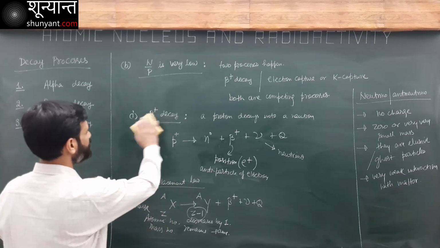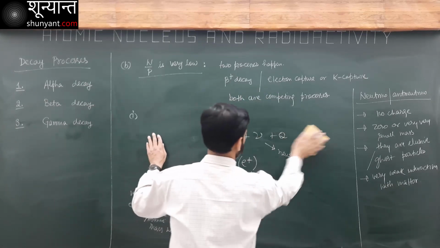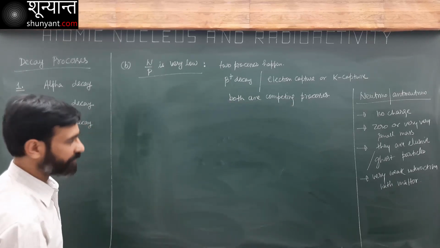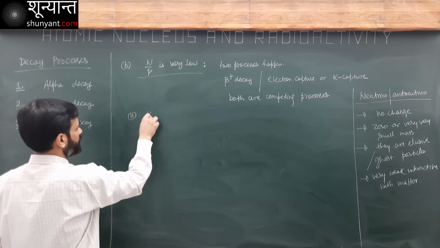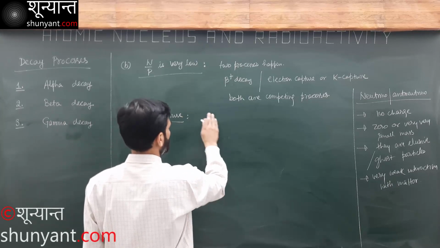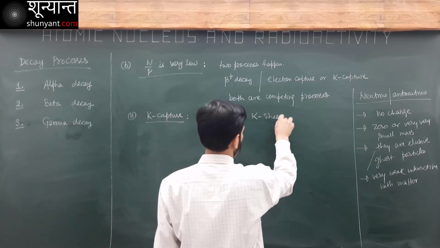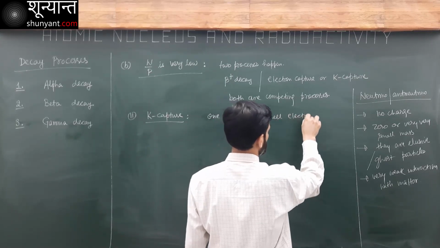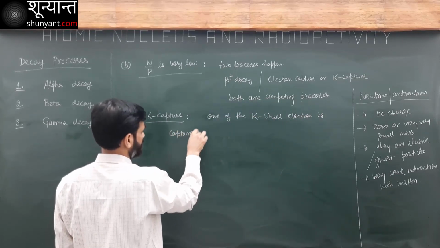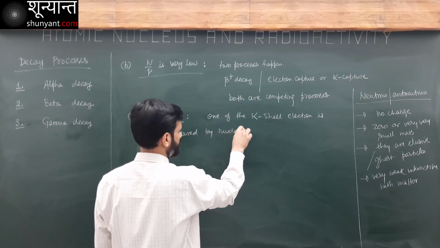Now the third, the competing process. The competing process is electron capture, also known as K capture. This is the competing process, K capture. When one of the K shell electrons is captured by the nucleus, then what will happen?